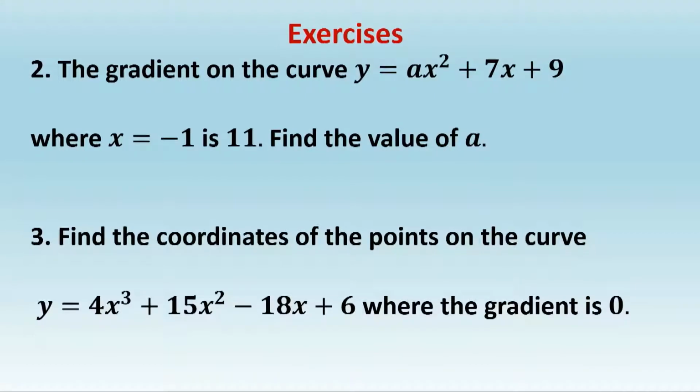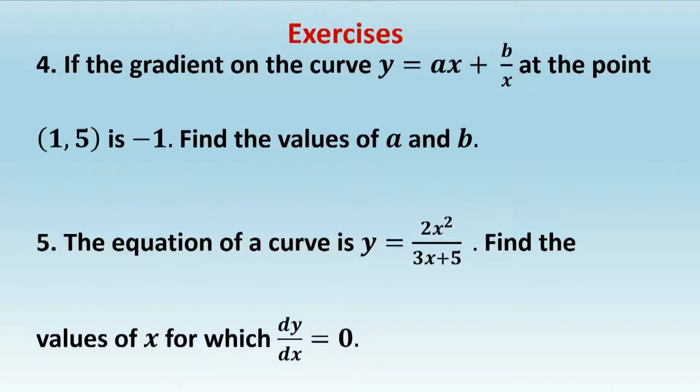Number 3. Find the coordinates of the points on the curve y is equal to 4x cubed plus 15x squared minus 18x plus 6, where the gradient is 0. Number 4.